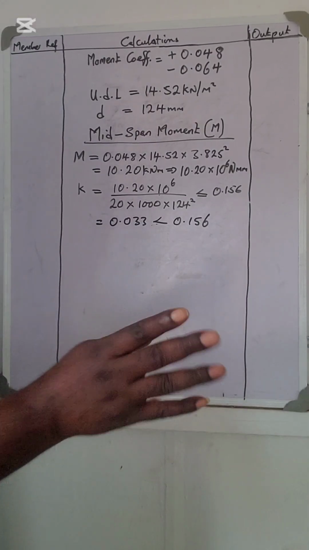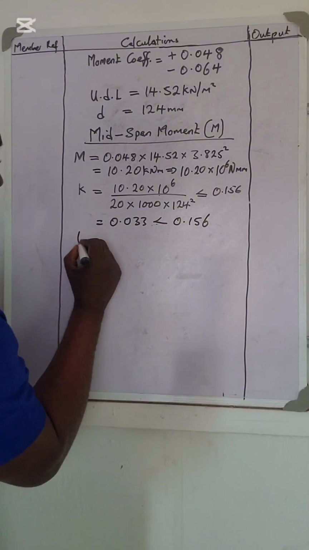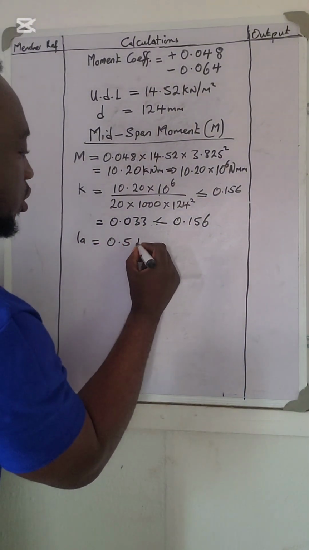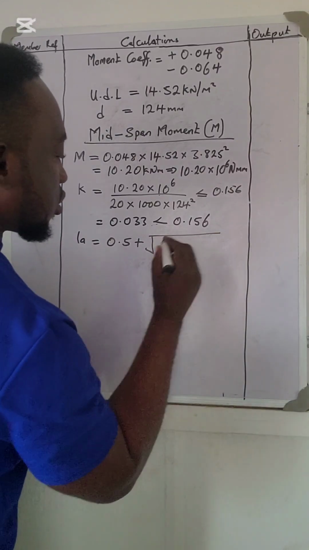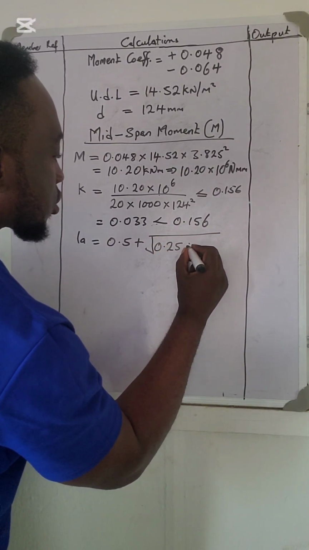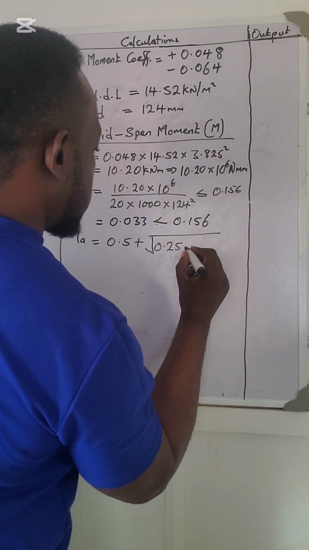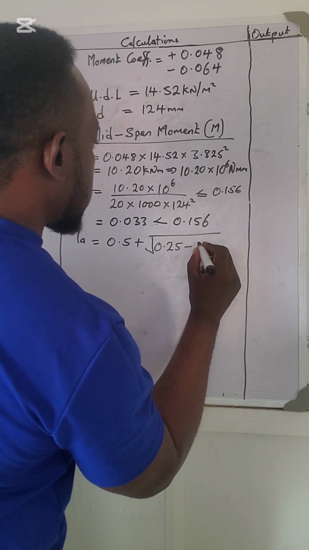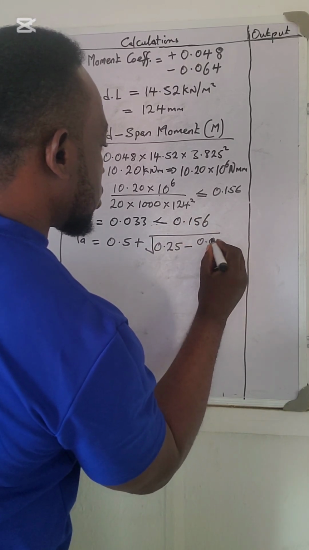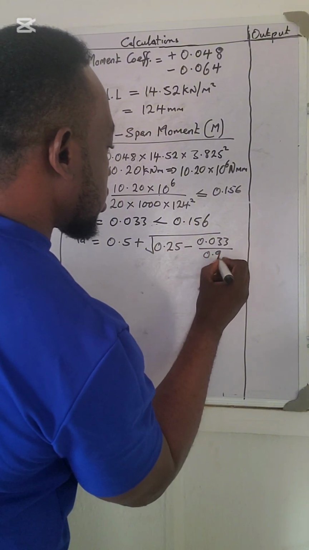Okay, so let's continue. The next step is to get our LA, which is equal to 0.5 plus the square root of 0.25 minus K. What is our K? 0.033, over 0.9.